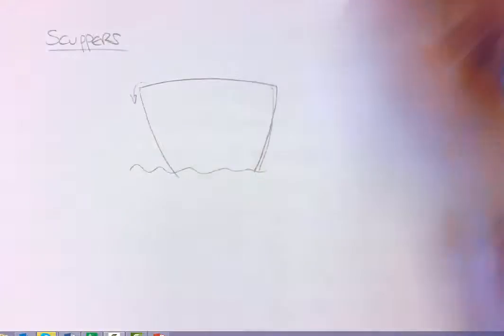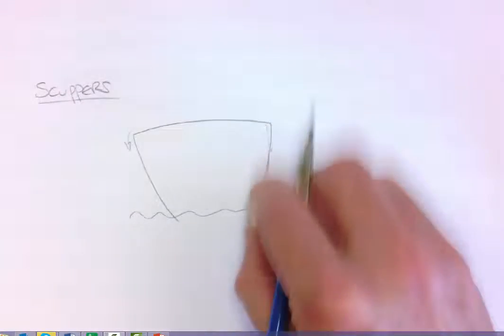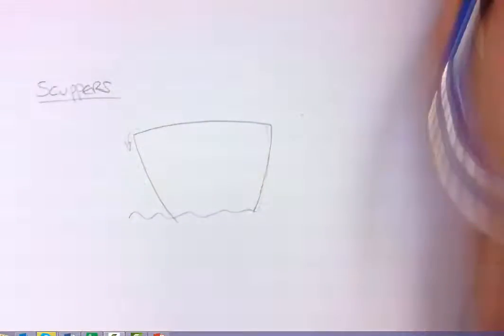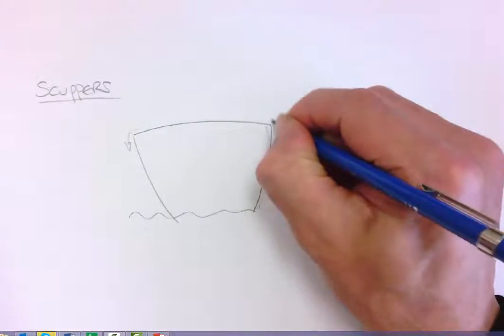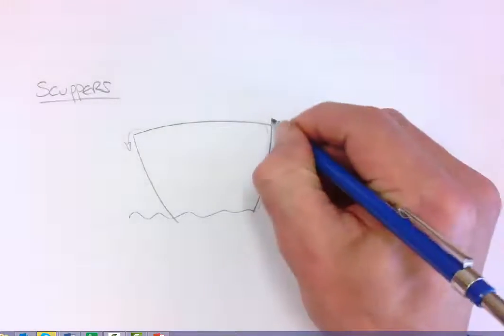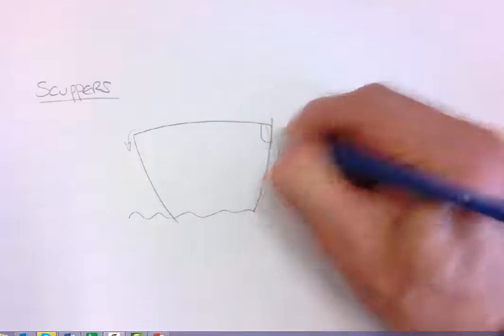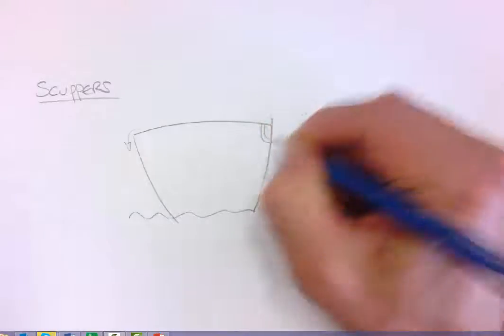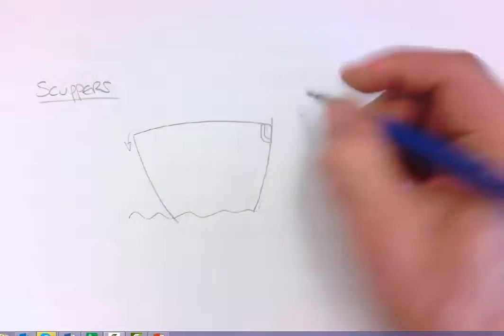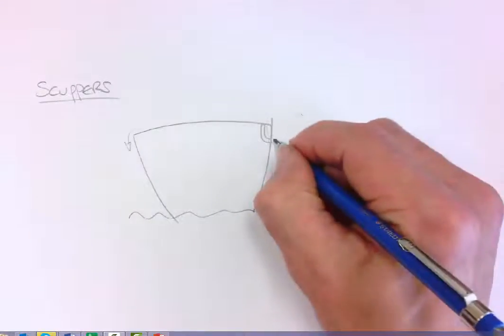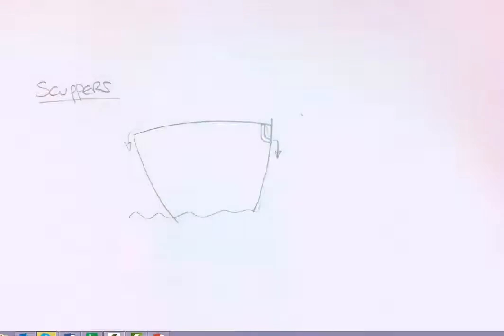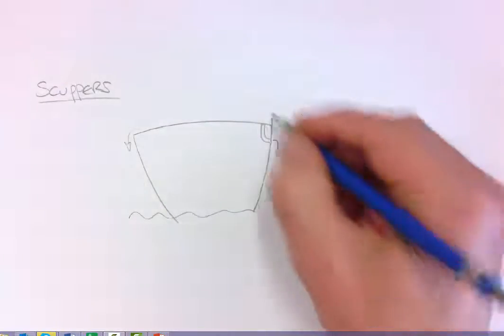But a scupper is essentially the drain that allows the water to drain off. We might have a toe rail or a bulwark, and it can be simply a plug or a drain in the deck itself, which allows the water accumulation to drain off.